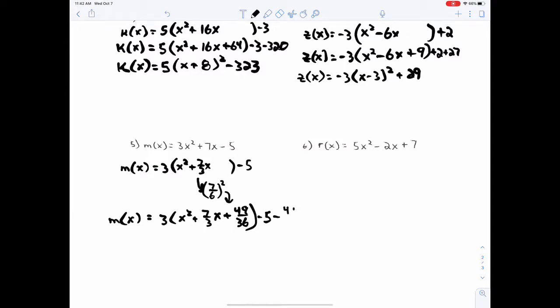It's 49/12. You cancel the 3 and the 36. That's all there is to it. You shouldn't need to write that. You should be able to do this in your head. This is grammar school arithmetic, okay?